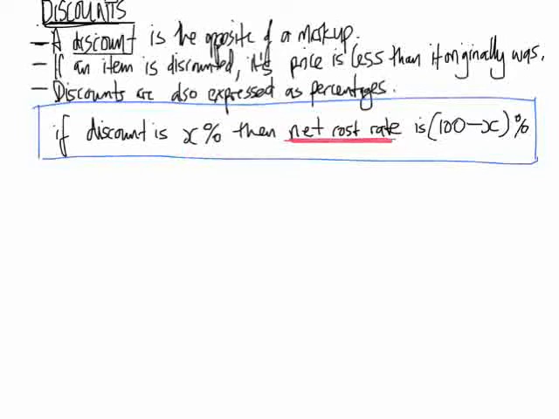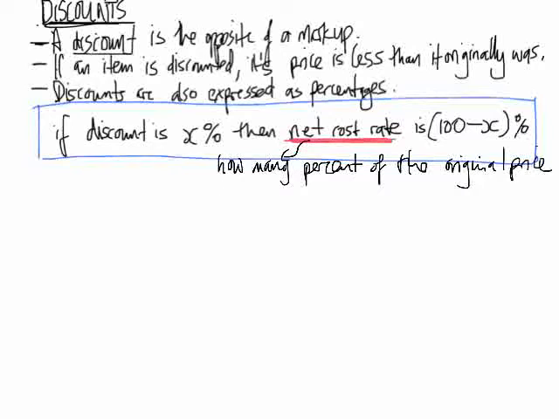If that's not clear just yet, you can think about the net cost rate as being how many percent of the original price you are paying.